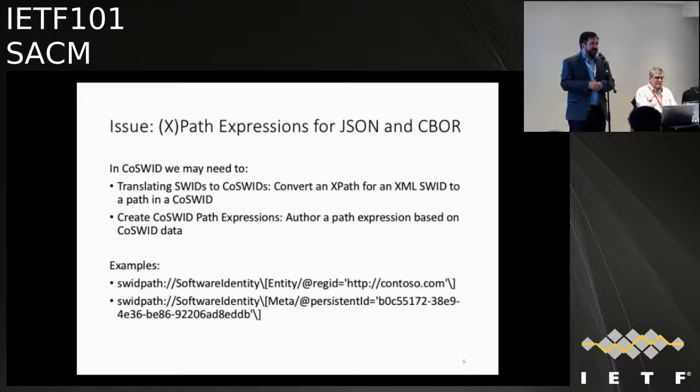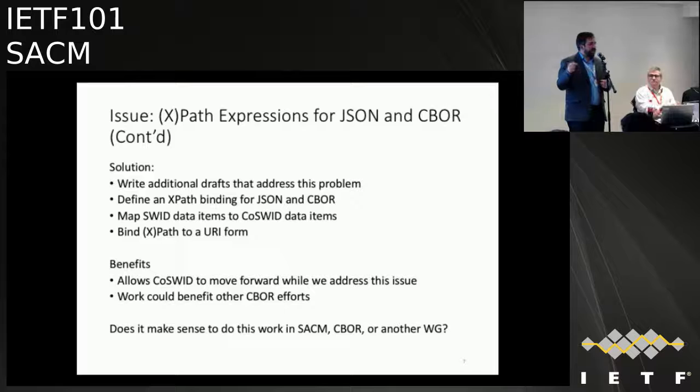So the solution to this that's used in the XML version that was defined in ISO is to use a URL encoded version of an XPath expression as a way to provide that reference. And what that XPath expression allows you to do is to select out useful data elements within the SWID tag.